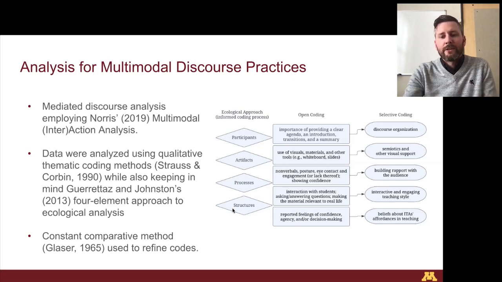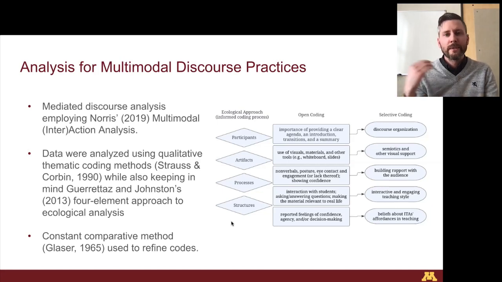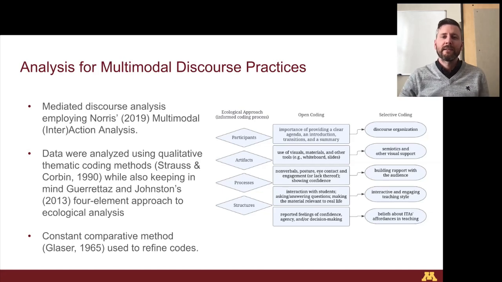And then structures tend to refer to things outside the classroom that have an impact. So thinking about imposed curricula or language policy of the university, or things outside of the classroom context. For ITAs, perhaps their department and the day-to-day lessons or things they had to go over in their classes would constitute those structures.